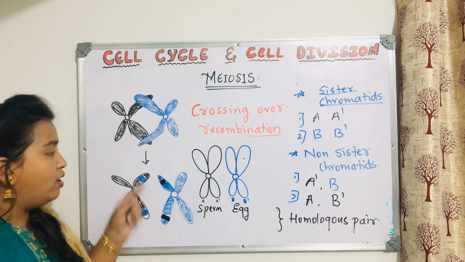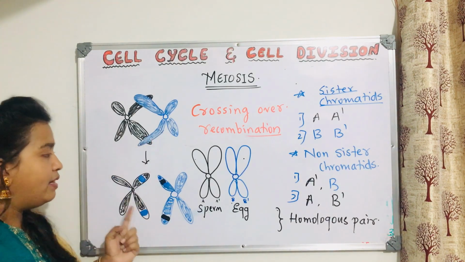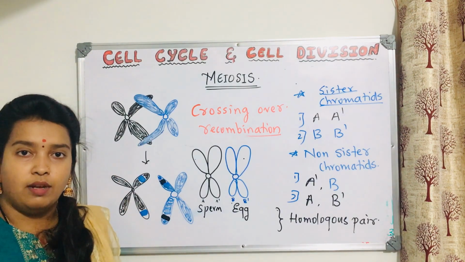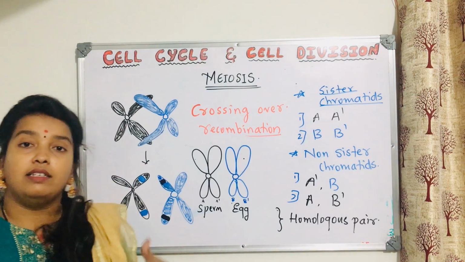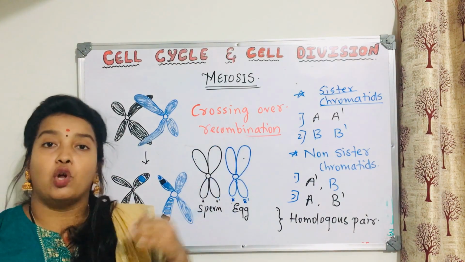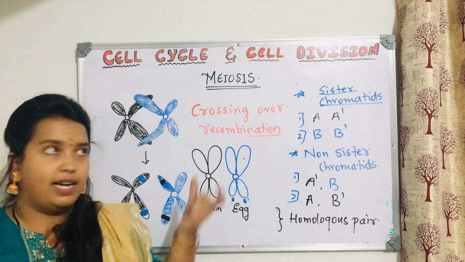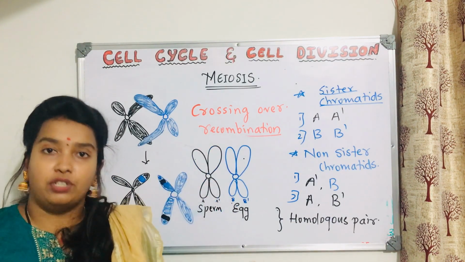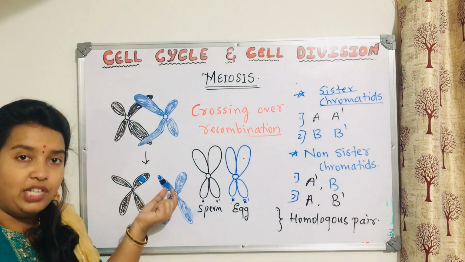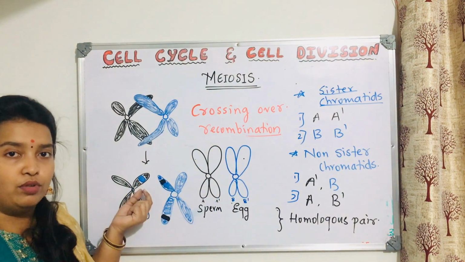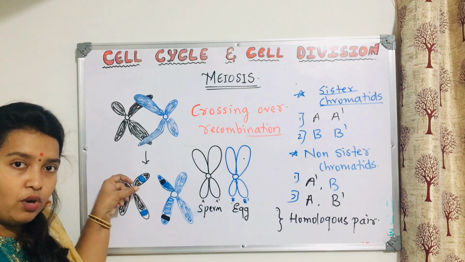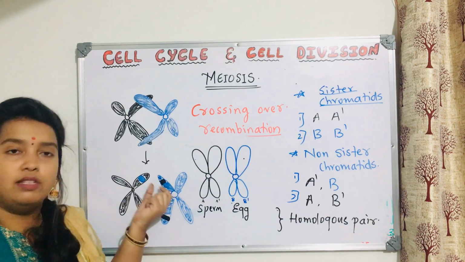So what happened was the genes of this chromosome and this chromosome have exchanged. Because of that, there is a process called recombination of genes. Recombination. Are you understanding this term? From this part, the genes went and combined to this chromosome, and the genes from this chromosome came and combined with this one.